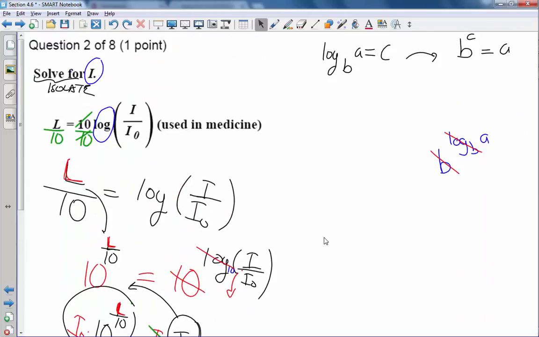Alright, this was the raising to the power 10 method. I told you there is a first method, and this method is also possible. This is how you do it. Again, this is your C, this is your B, and this is your A in the formula.